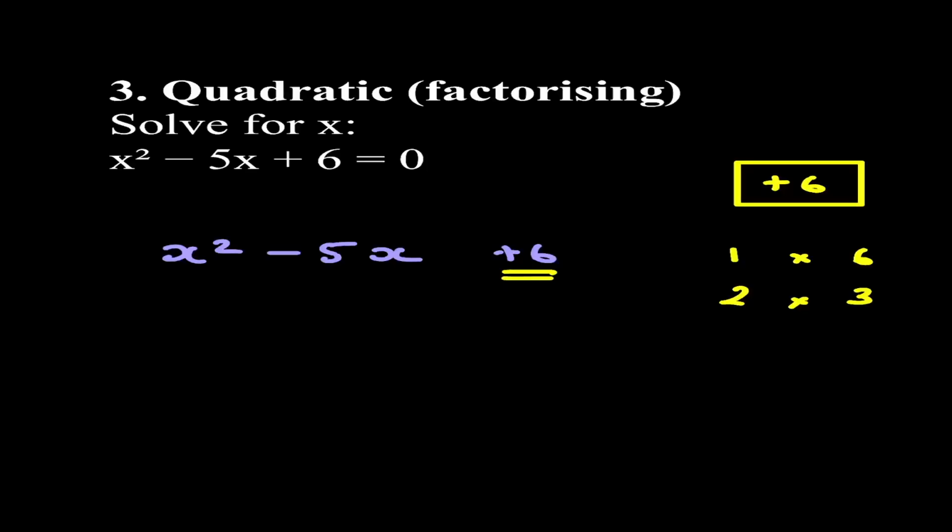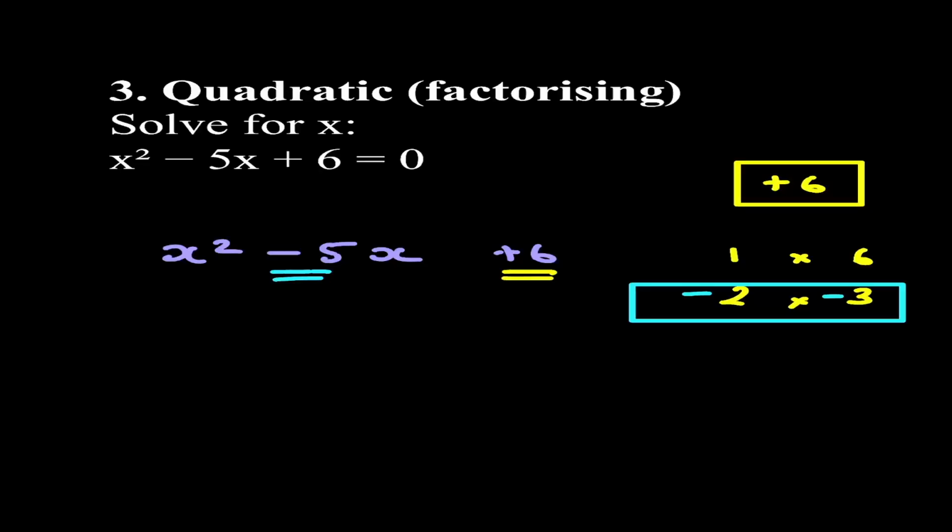Because they need to multiply to give me positive 6, either both have to be positive or both have to be negative. But remember, they need to add together to give me negative 5. And the only two that would do that would be negative 2 plus negative 3. So those would add together to give me negative 5 and multiply together to give me positive 6.